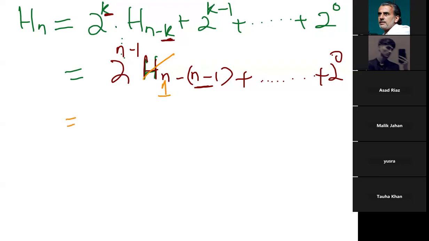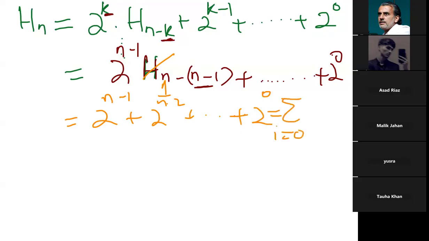So this expression will be looking like 2 raised to n minus 1 plus 2 raised to n minus 2 and goes down to 2 raised to power 0, which can be written as summation of i equal to 0 to n minus 1, 2 raised to power i. And now this part is actually representing a finite geometric series.